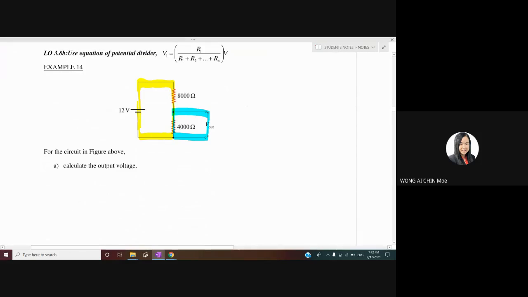We take V total, the big loop, over V1, for the small loop. V1 equals IR. For the bigger loop, I we don't know, R total, because this whole thing is number 1. So it's 8,000 plus 4,000. So this is V total.